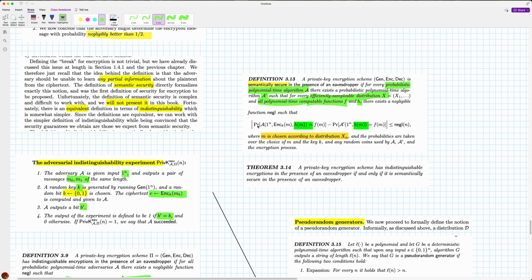Okay, so h is supposed to be capturing the side information that one might have about the message.